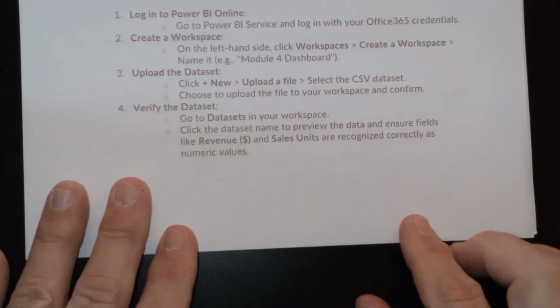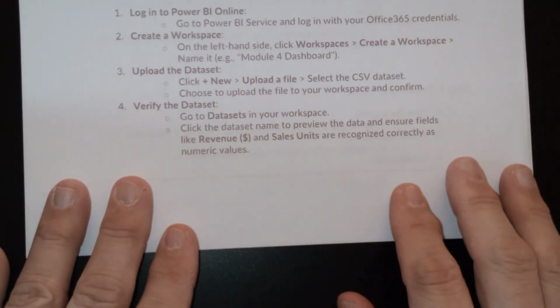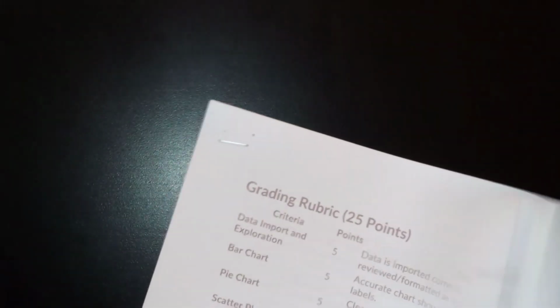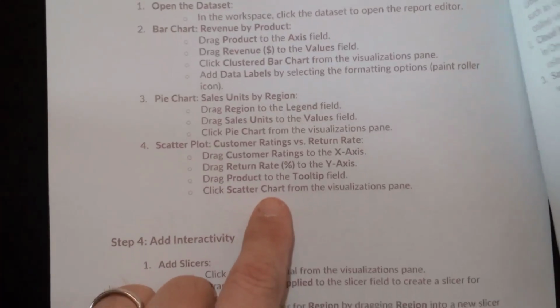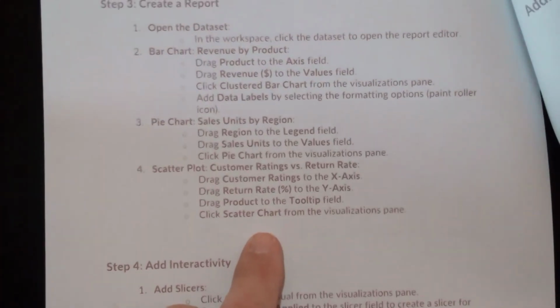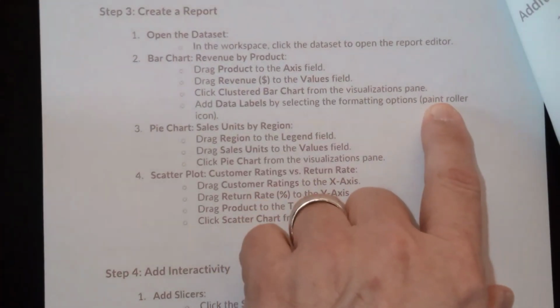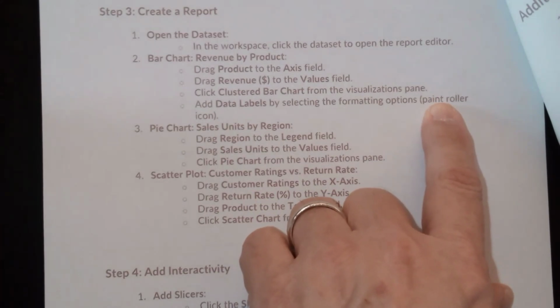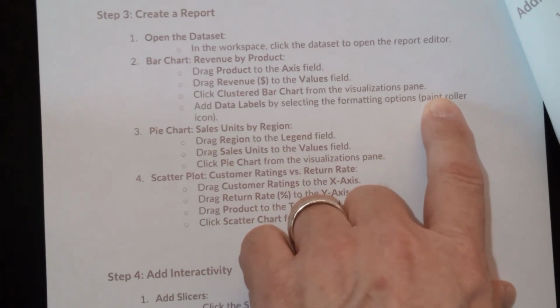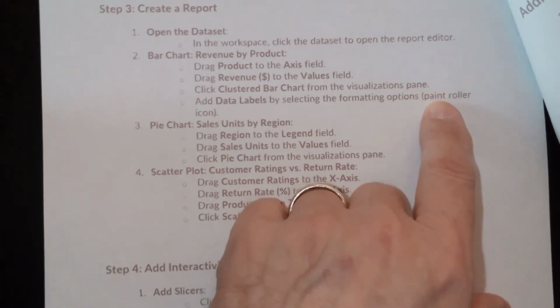Last one on number 2. Sorry, on 3. Paint roller. That in ours, that's the little paint brush. It's the second thing in the visuals. It doesn't look like a paint roller anymore. They changed that, but the instructions are from last year and I forgot to change them.